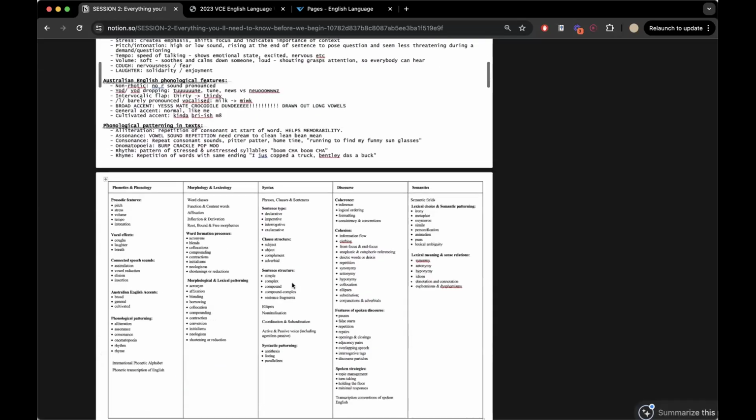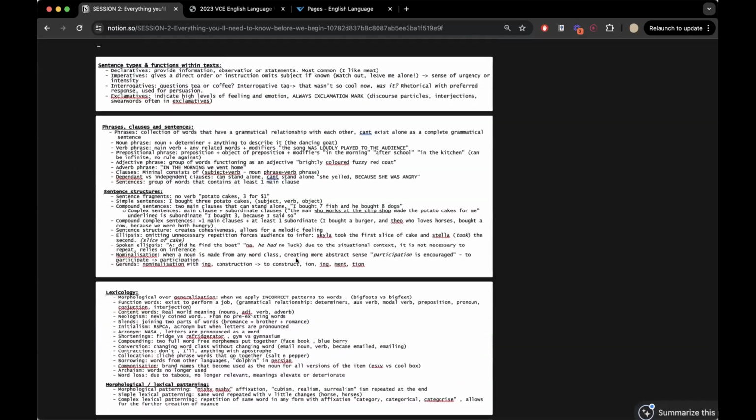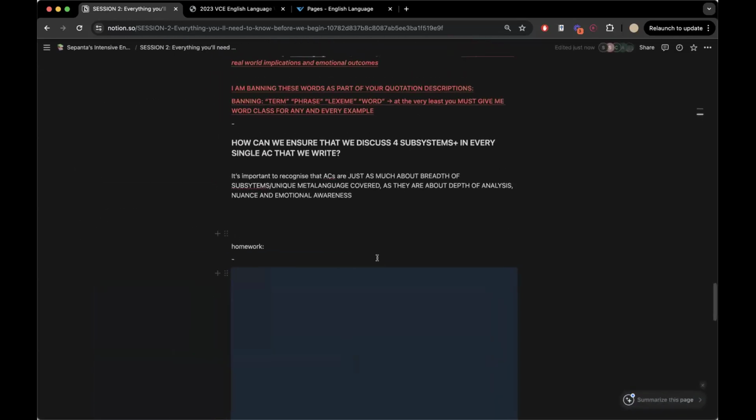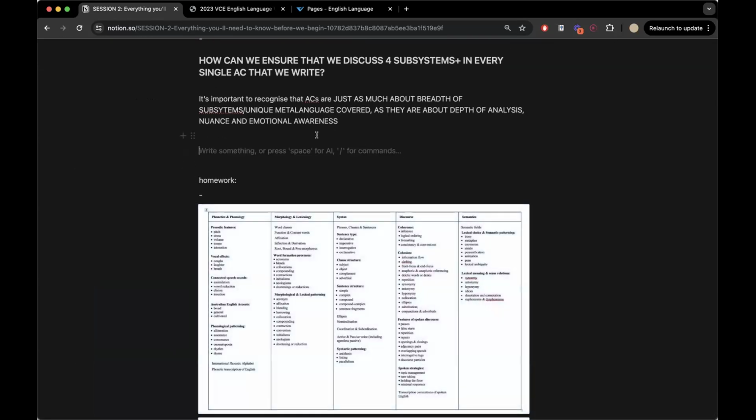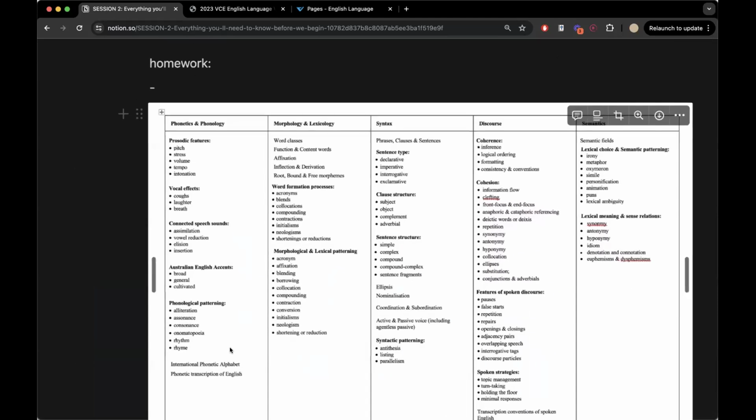So let's have a think, right? If we've got these five subsystems, let's call it, right? And I'll move this to the top so we can see it while we write. Look at this. So phonetics and phonology only really exist in spoken mode, technically.